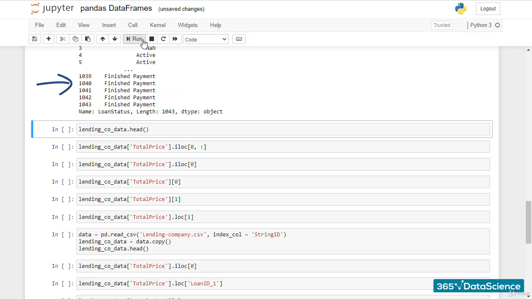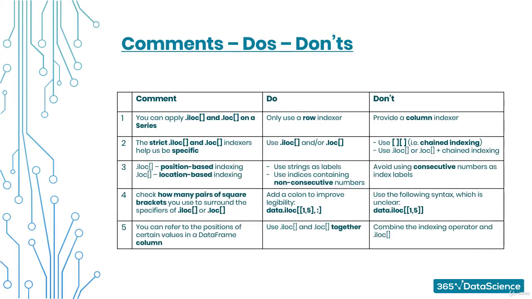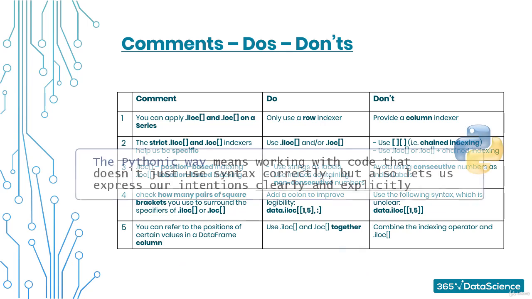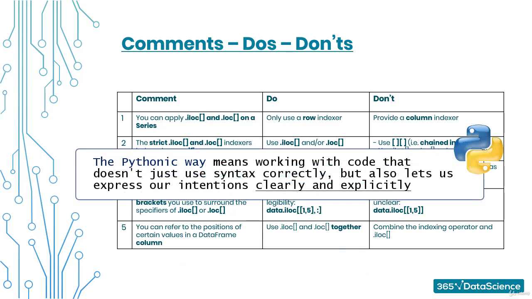Right. The Python syntax allows us to combine several different techniques to access a specific data point. However, we should always look for simplicity when coding in Python. This means that all possibilities out there will usually boil down to a single option or approach that can be considered Pythonic. And the Pythonic way means working with code that doesn't just use syntax correctly, but also lets us express our intentions clearly and explicitly.